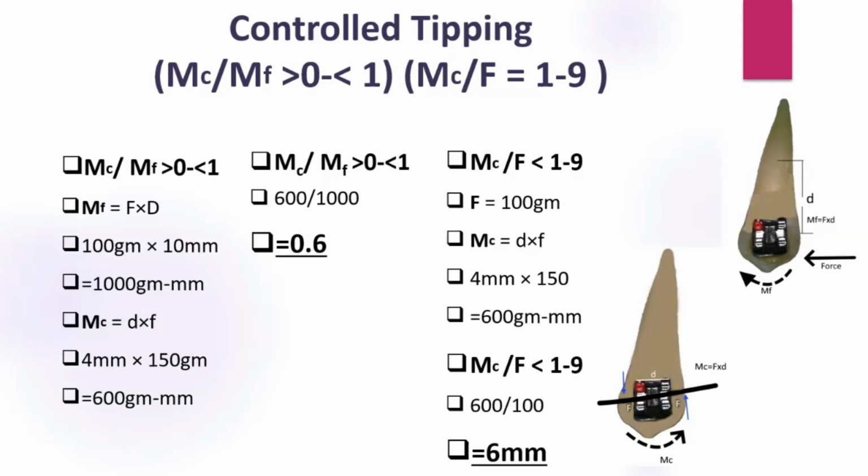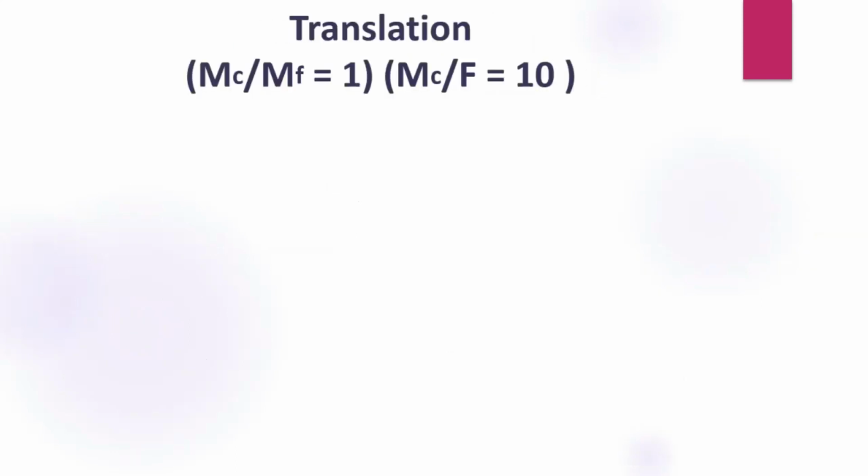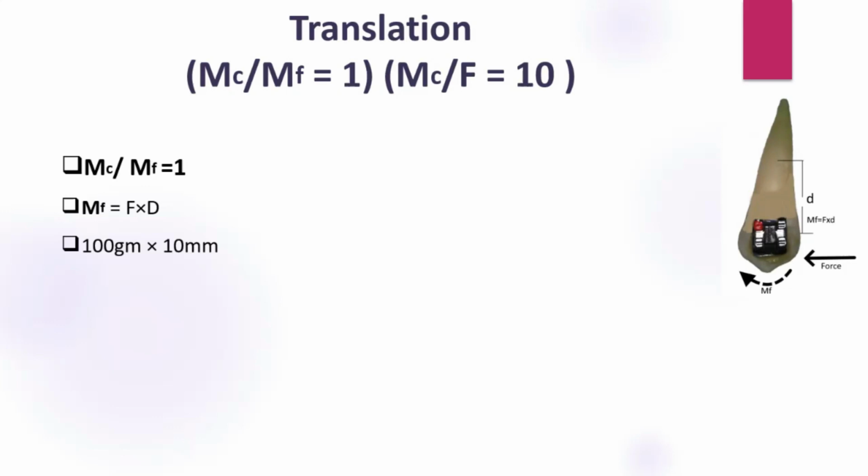The third example is translation or bodily retraction of the canine, where moment of couple to moment of force is equal to 1, or moment of couple to force is equal to 10. Here, when the canine is retracted bodily, the center of rotation is at infinity. As we have calculated before, the moment of force will remain 1000 gram millimeter.